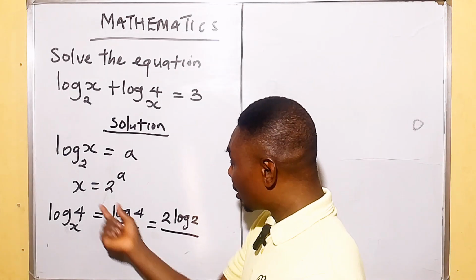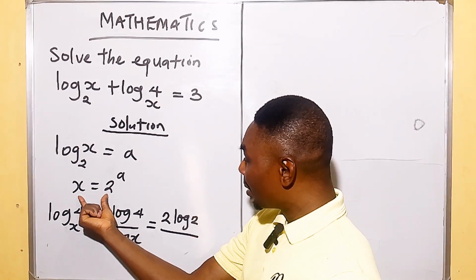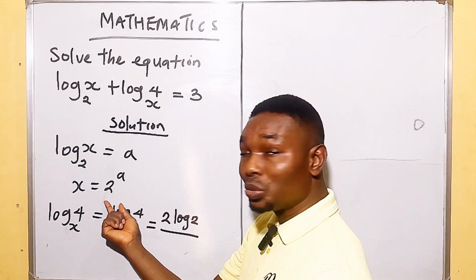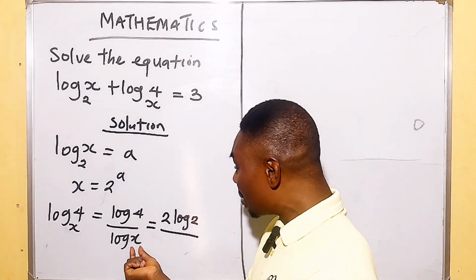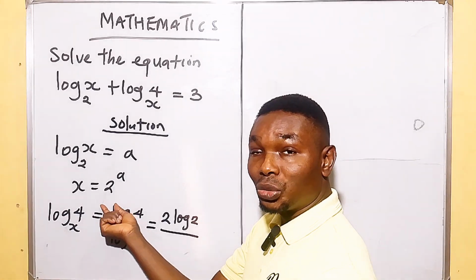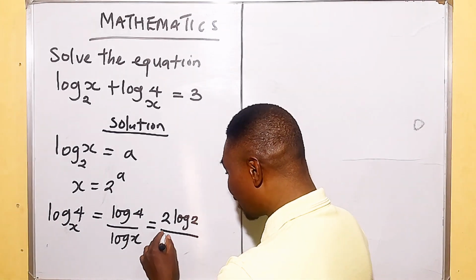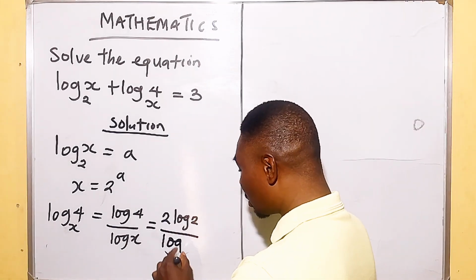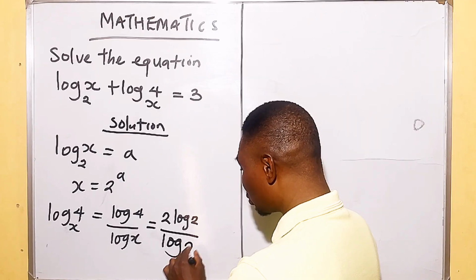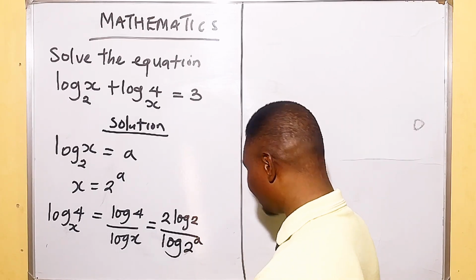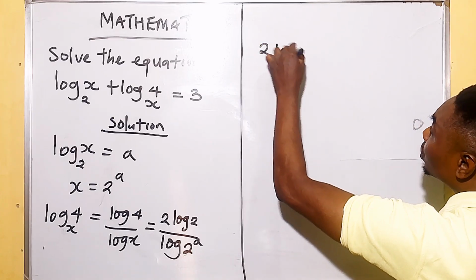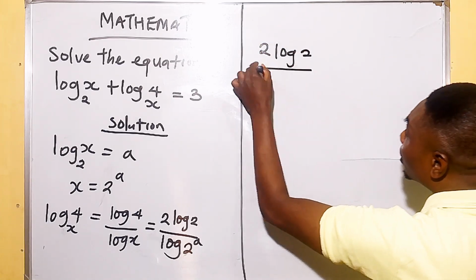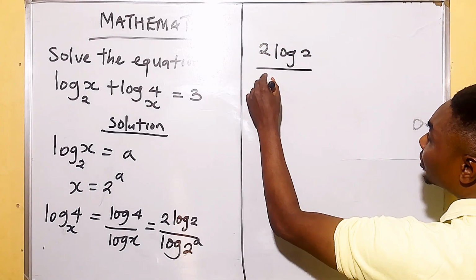Now, from here, we said x is equal to 2 raised to the power of a. Therefore, I will replace this x with 2 raised to the power of a. So I have log 2 raised to the power of a, and I have 2 log 2 over.